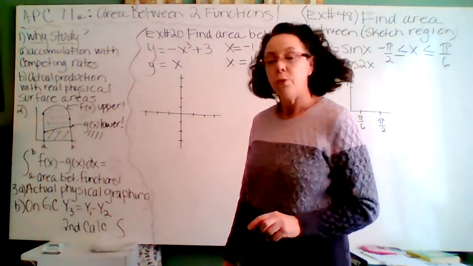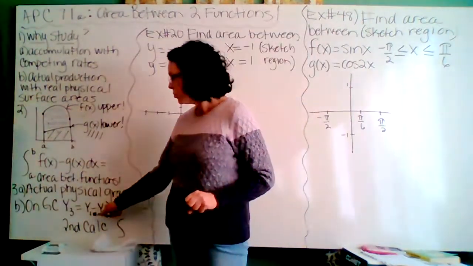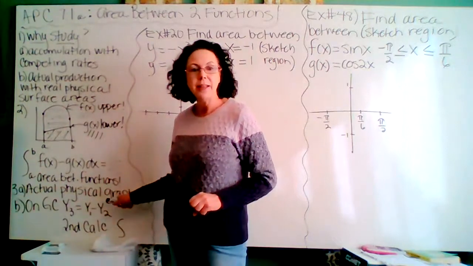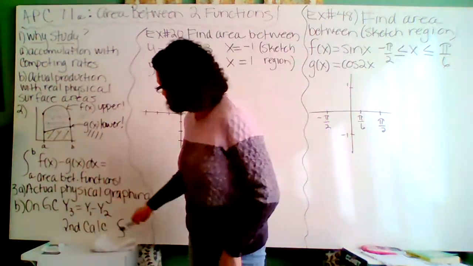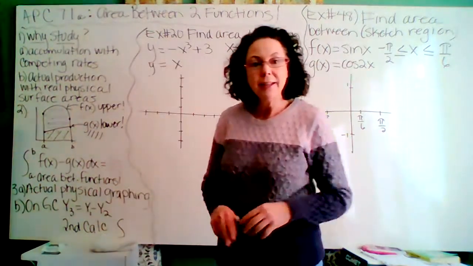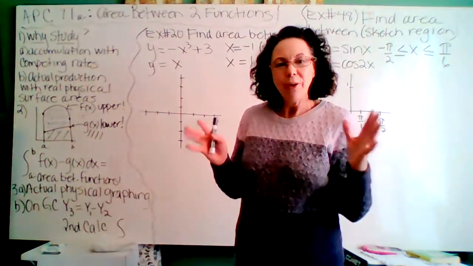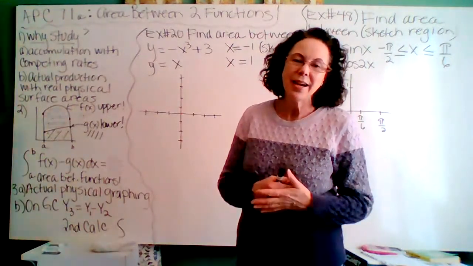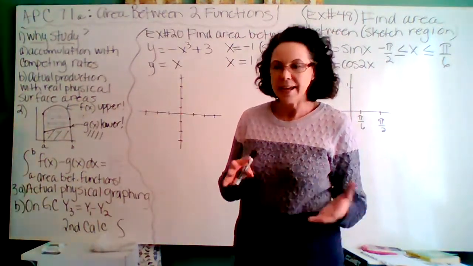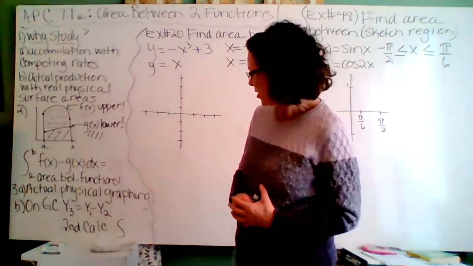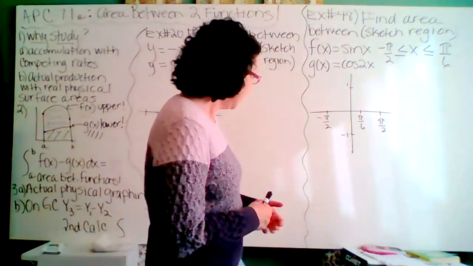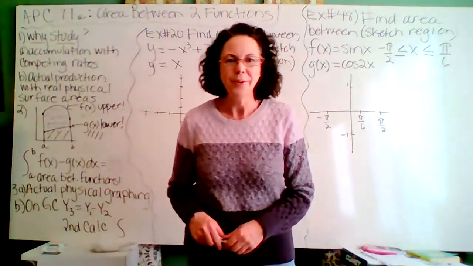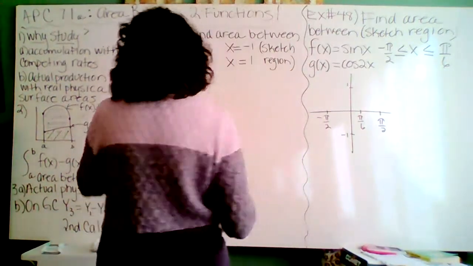To graph it, we turn off the equal signs, we de-highlight the equal signs on y1 and y2, and keep the equal sign highlighted on y3. And when we graph it, we can then use our calculator, second calc, and pick the integration. I'll try to show that to you here on my calculator. So let's take a look.